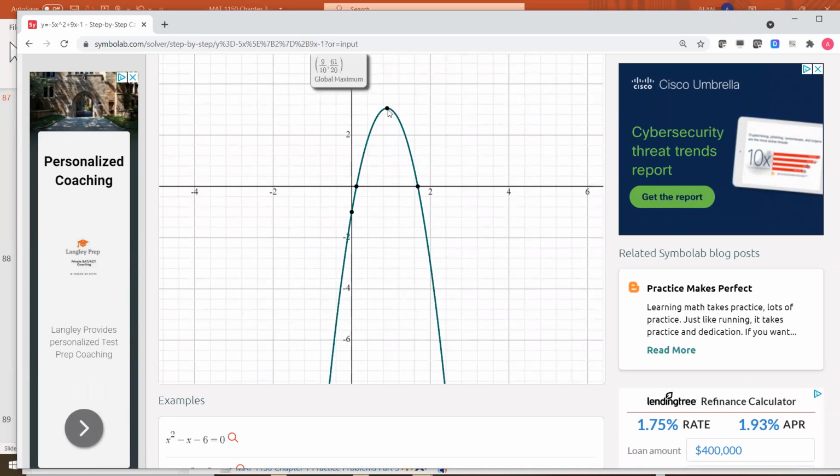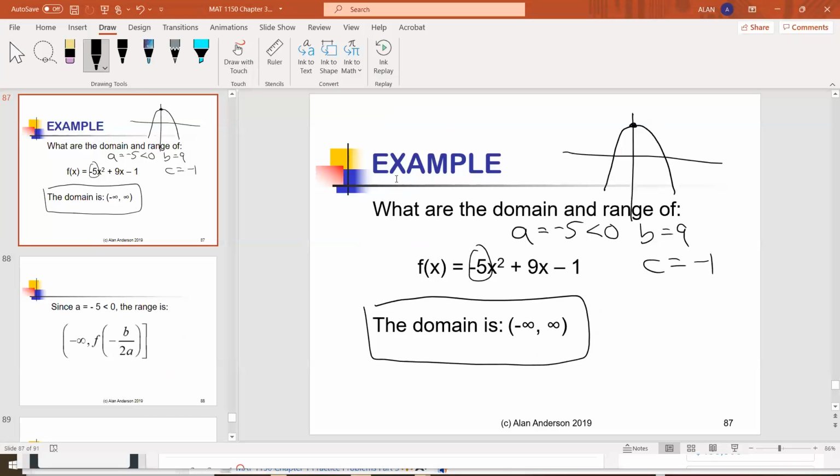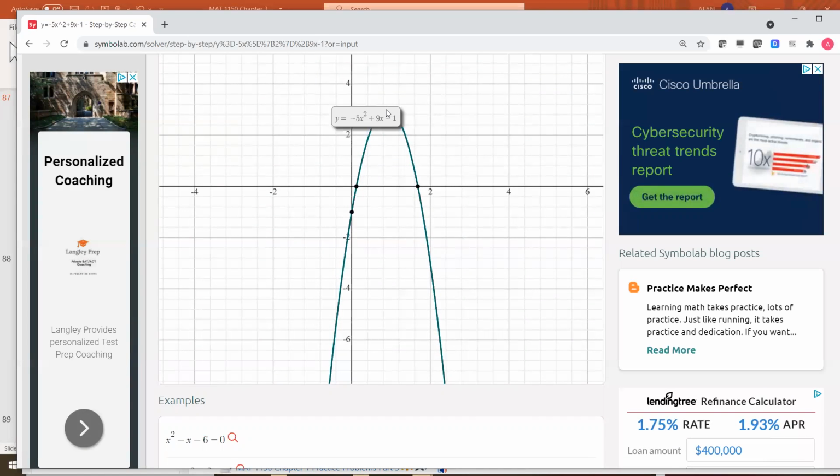And here's our vertex. Ooh, those are some not pleasant numbers: 9/10 and 61 over 20. So that means that y can never go above 61 over 20. It's everything from 61/20 down to negative infinity.